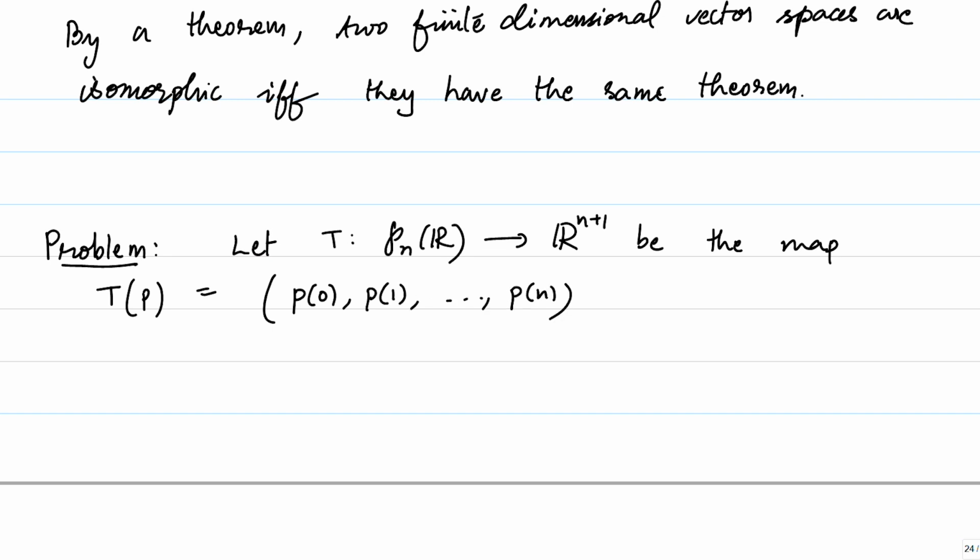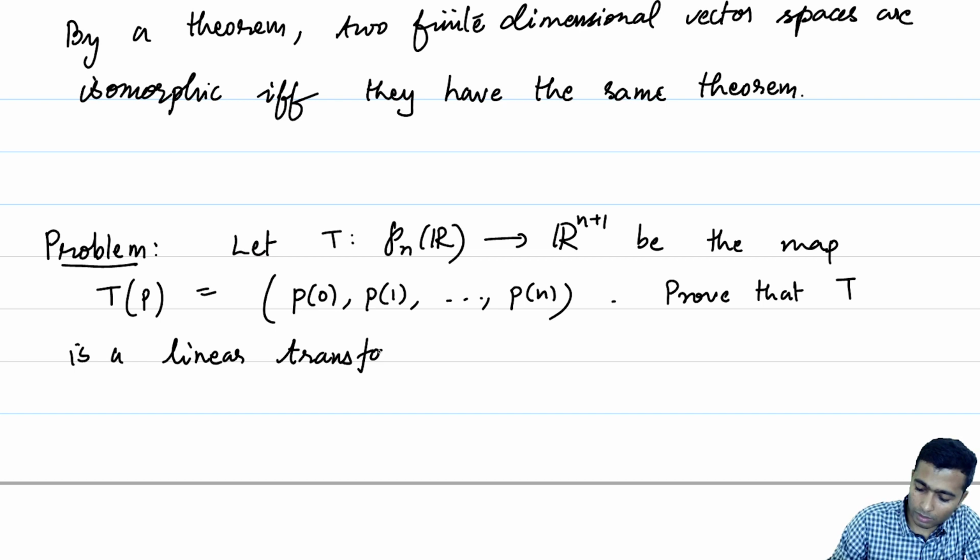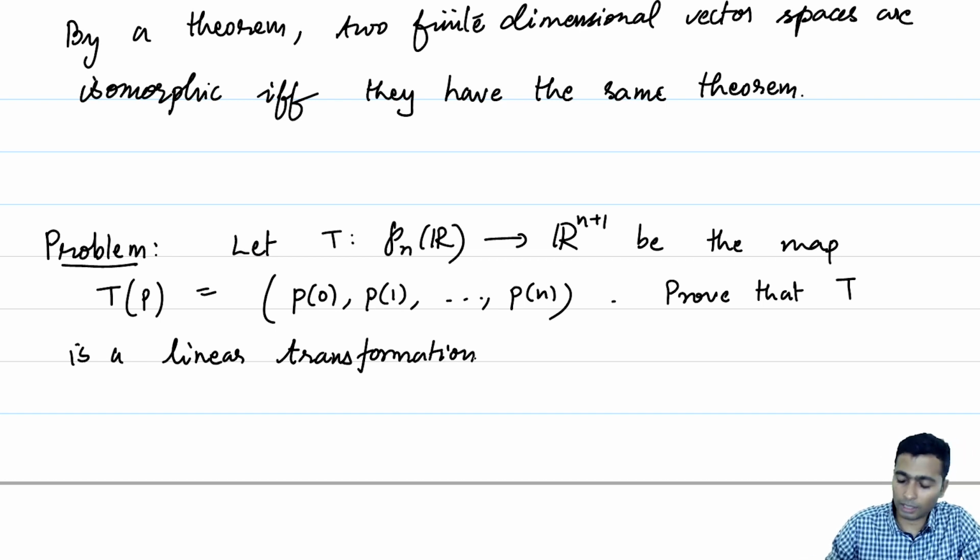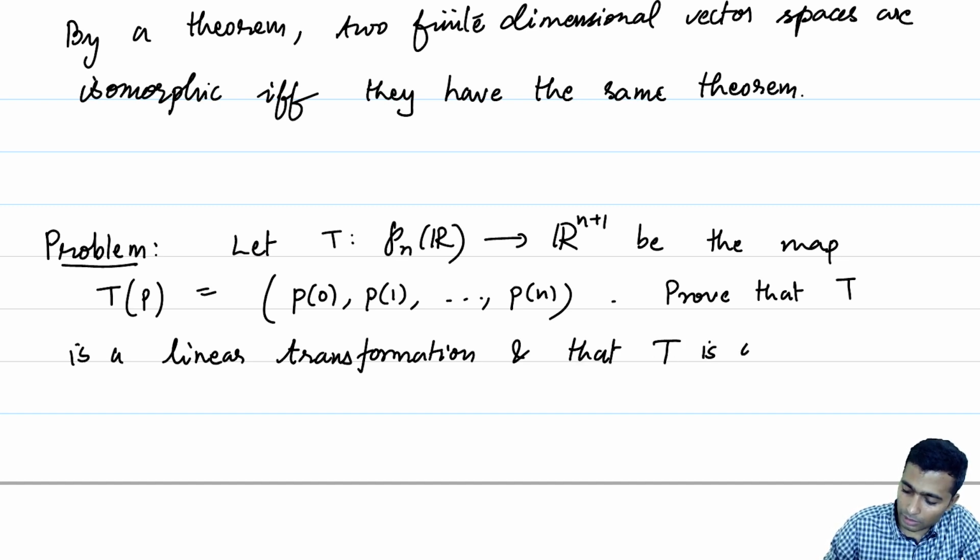So notice that this is an element in Rn plus 1. So prove that, of course, you have to prove that T is a linear transformation, and that it is an isomorphism. T is an isomorphism.